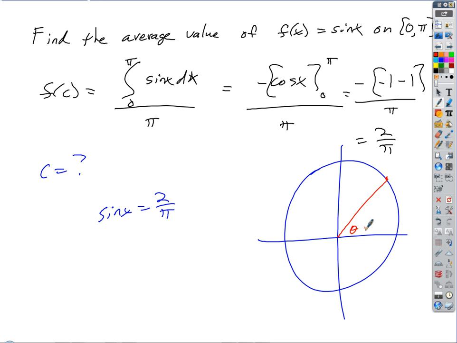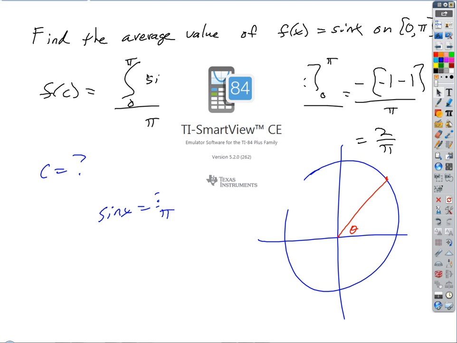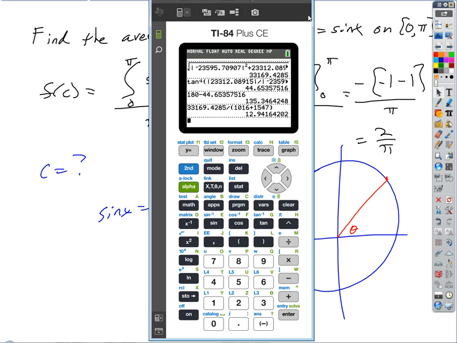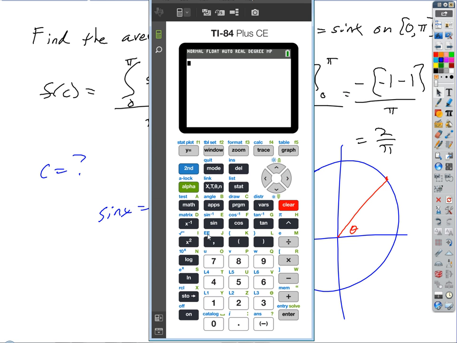Or I'll just pull up mine. I want to put my calculator in radians mode.